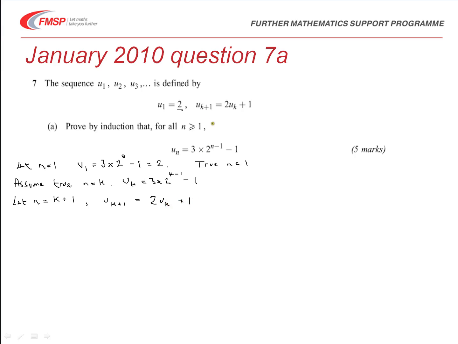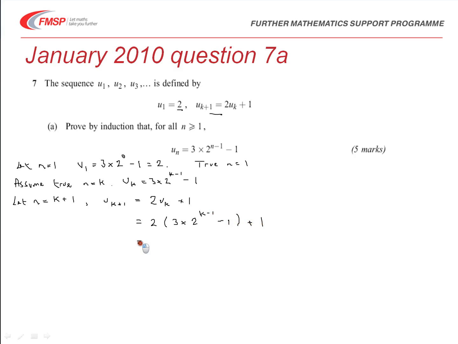This is from the statement up here. Now we know that u k, which we've just assumed, can be rewritten as 3 times 2 to the k minus 1, minus 1, plus 1.